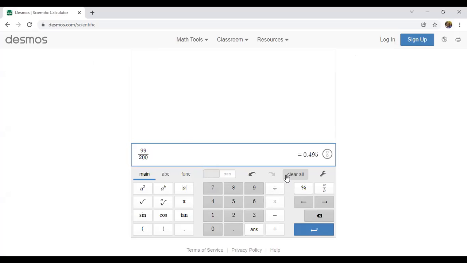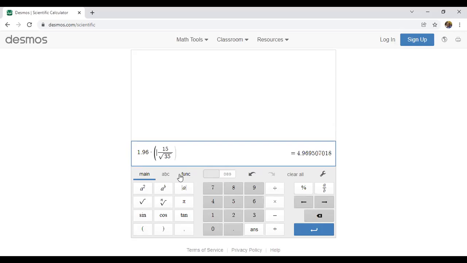So you have 1.96 times standard deviation of 15 over the square root of n, which is my square root of 35.